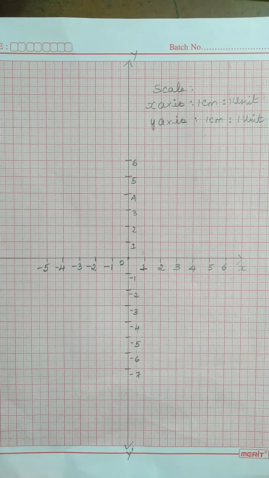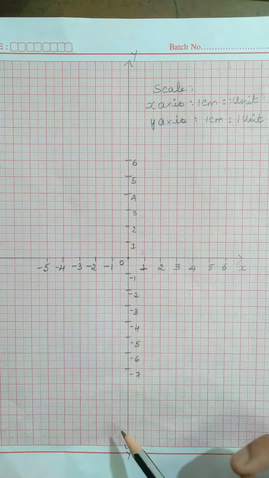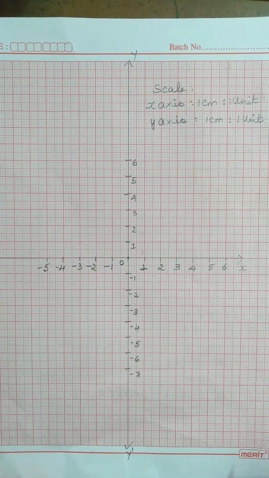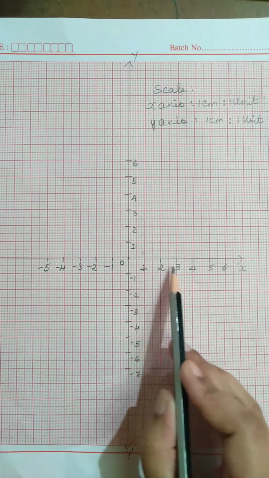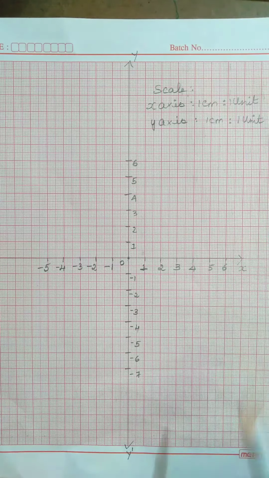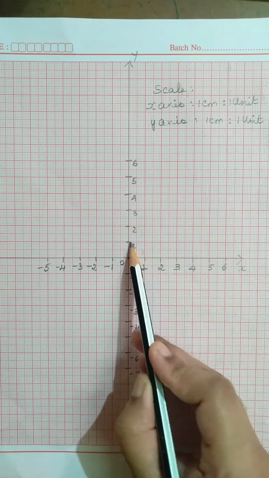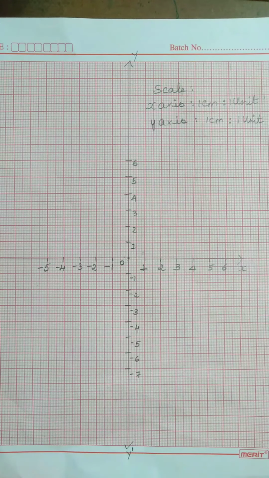Now these are the positive and negative numbers on the y-axis and x-axis. We have written the scale for the x-axis: 1 centimeter is 1 unit, and on the y-axis also a 1 centimeter difference represents 1 unit. Now let us plot the first point, (1, 1).